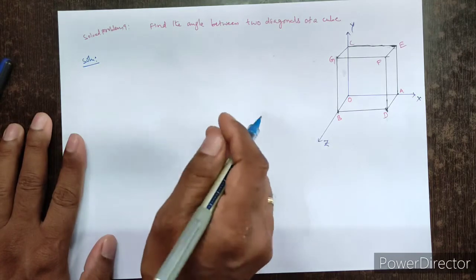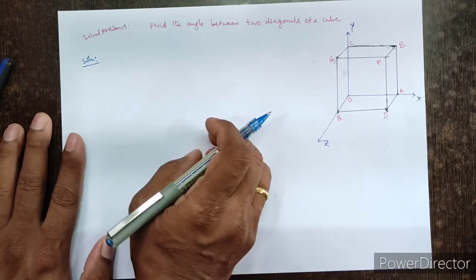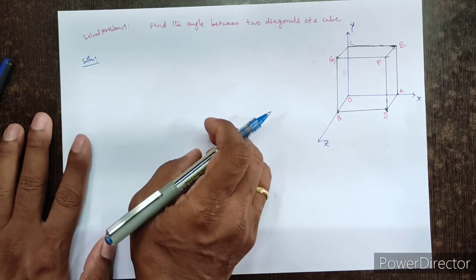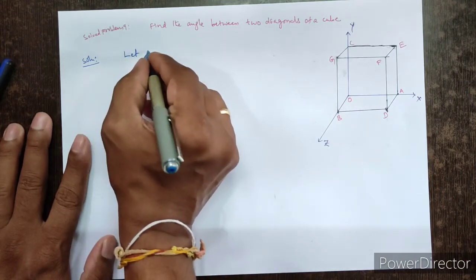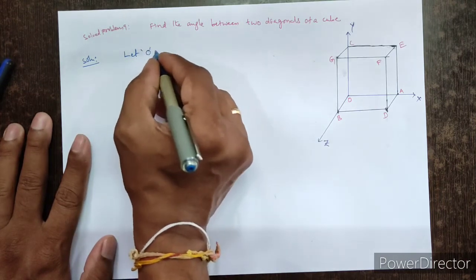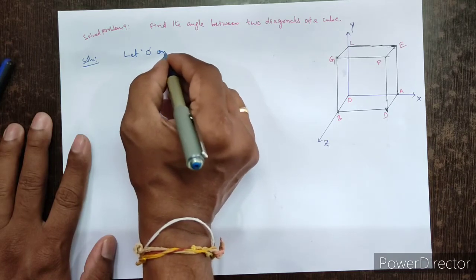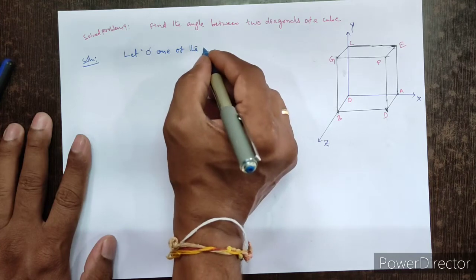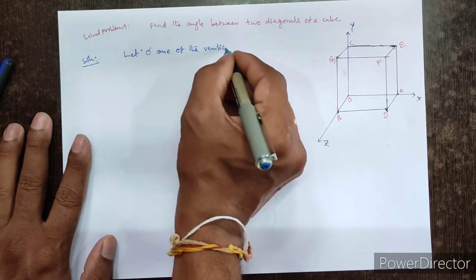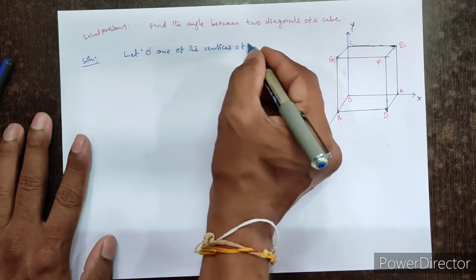What they are asking: find the angle between two diagonals of a cube. This is a cube. Let O be one of the vertices of the cube.